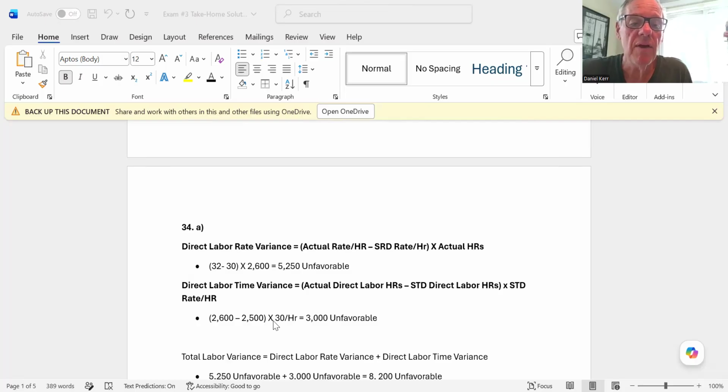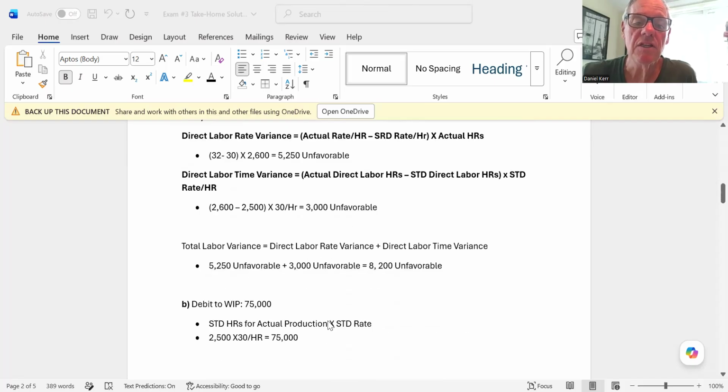So the direct labor time variance would be the actual hours, 2,600, minus the hours that they should have worked, which was 2,500, multiplied by the standard rate per hour, not what they actually paid, but what it was supposed to be, which was 30. And then you get an unfavorable variance of $3,000. So you get an unfavorable time variance of 3,000. You get an unfavorable rate variance of 5,250. You add those together and you get $8,200 unfavorable variance.